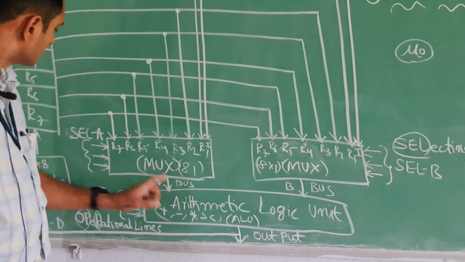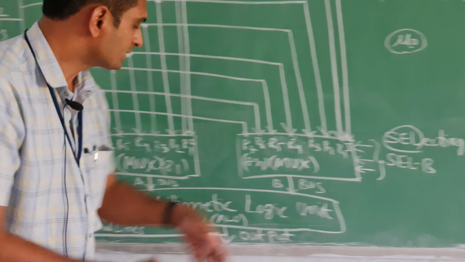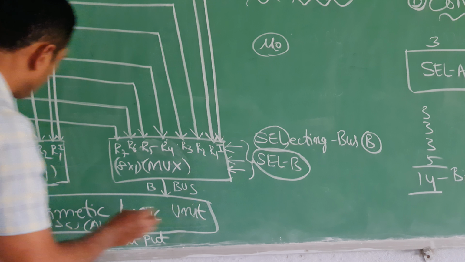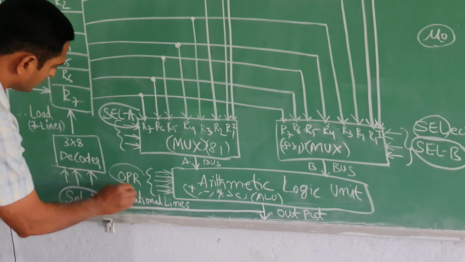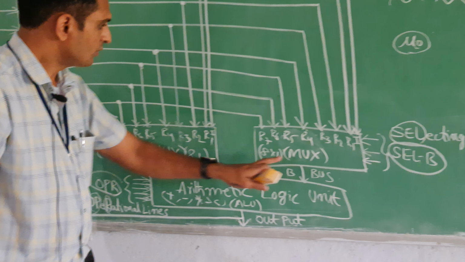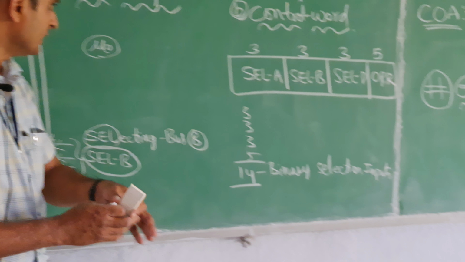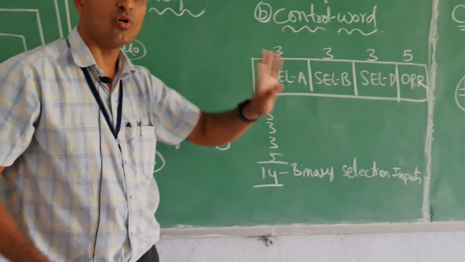So here we have the A bus selective lines, B bus selective lines, selective D, and the operational lines. This control word has 4 fields.